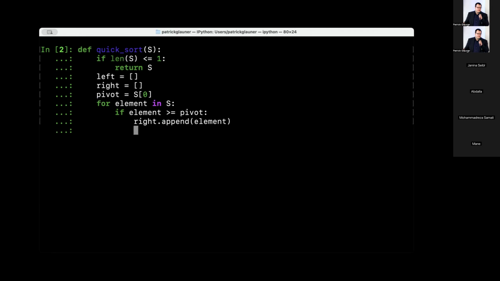And we are appending this to the right. So the element is greater than or equal to the pivot, so we put this into right. Otherwise, we put it into left. Then we have now split this into left and right. So we need a recursive call on the left one again.